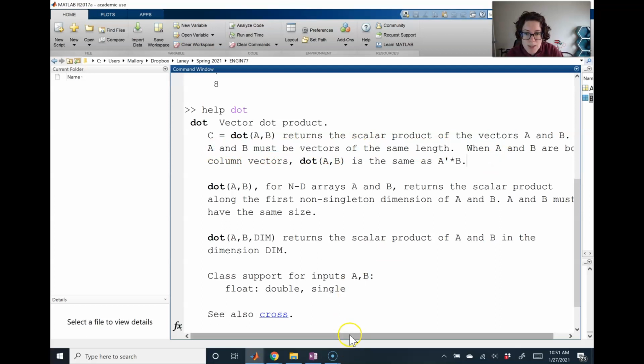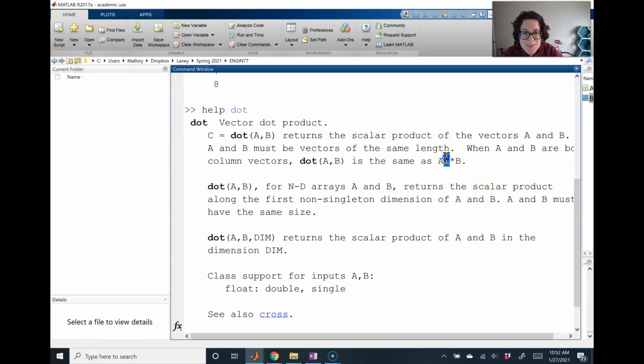When a and b are both column vectors, dot of a, b is the same as a, oh, sorry, this is that. This is just another notation of how to do this using a little apostrophe. Sorry, that was not correct.